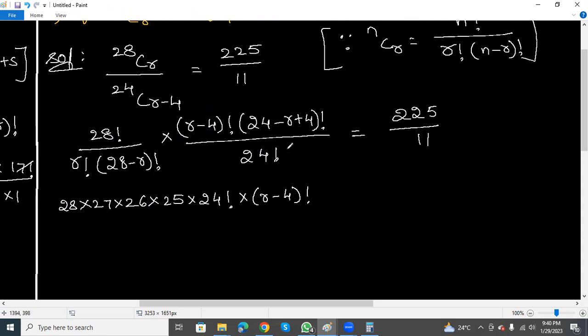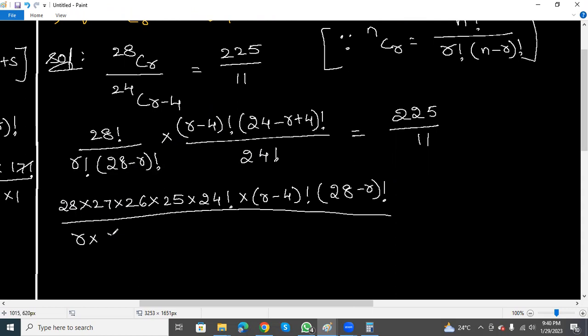Next, this one can be written as 24 plus 4, which is 28, so (28 minus r) factorial, divided by r factorial. r factorial can be written as r into (r minus 1) into (r minus 2) into (r minus 3) into (r minus 4) factorial.